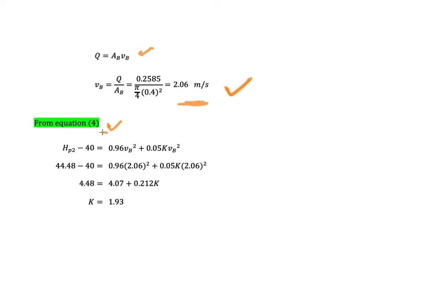Okay, I take equation number 4 here. So we substitute the value of head of pump, and then we substitute the value of velocity. And then we could calculate the value of K, which is the minor loss coefficient for the valve, equal to 1.93.